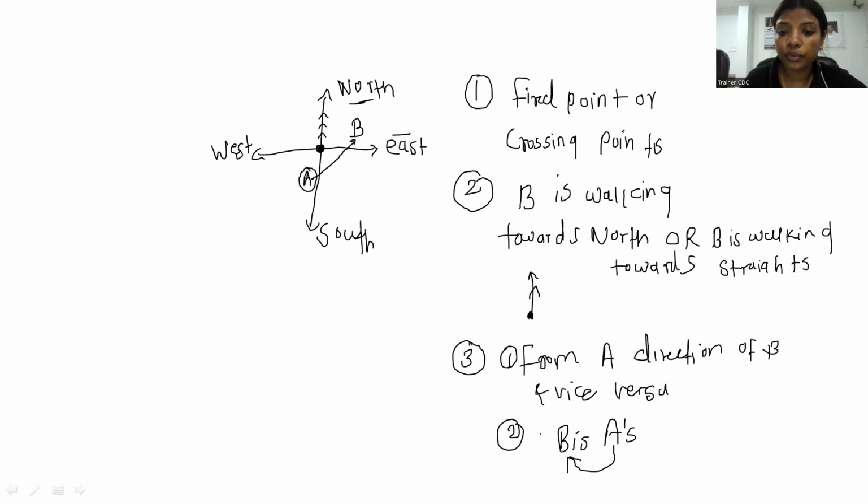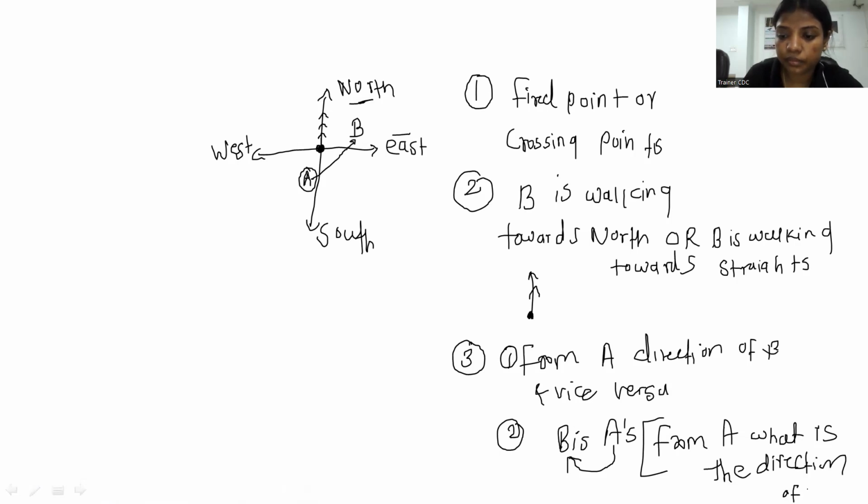Now, if I move to the second point of third sentence, B is A's. Again, I'm saying from A, what is the direction of B?